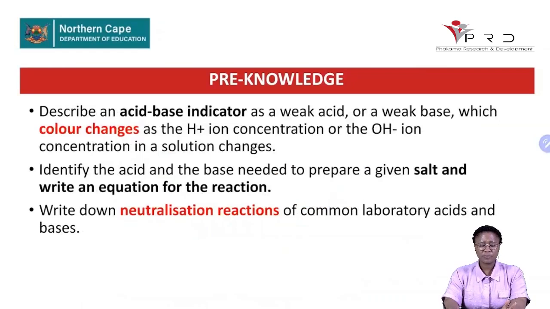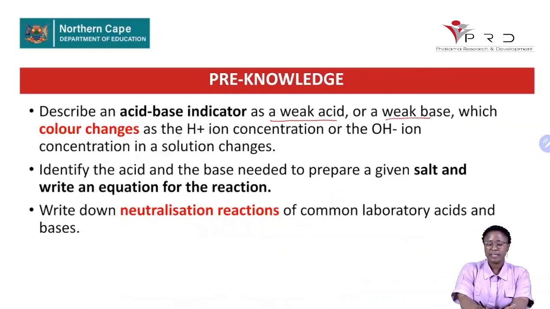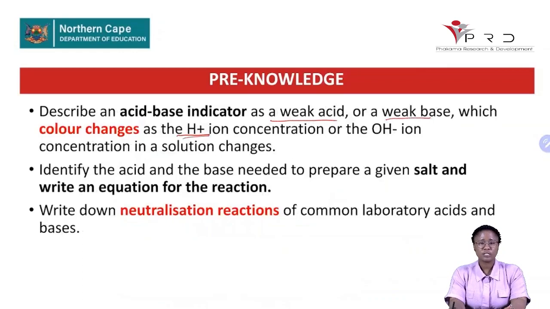It doesn't stop there. You should know how to describe an acid-base indicator as a weak acid or a weak base, which changes color when there is a change in hydrogen ion concentration, or OH- ion concentration (the minus must be an exponent), in a solution.